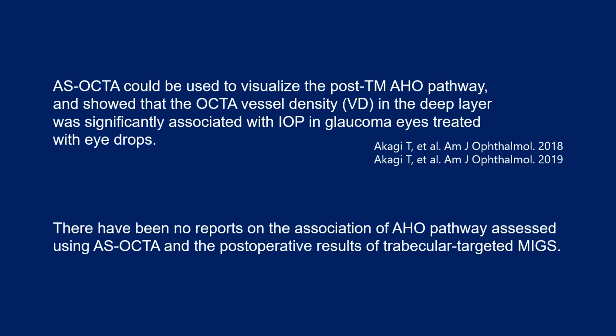AS-OCTA could be used to visualize the post-TM HO pathway and showed that the OCTA vessel density in the deep layer was significantly associated with IOP in glaucoma eyes treated with eye drops. There have been no reports on the association of the HO pathway assessed using AS-OCTA and the postoperative results of trabecular-targeted MIGS.